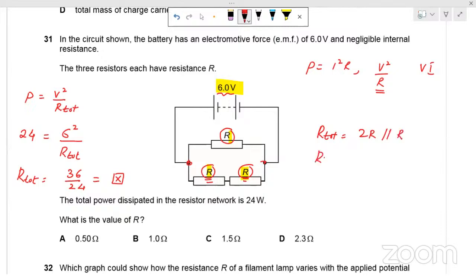So R total: if you have only two resistors in parallel, you can use product over sum.